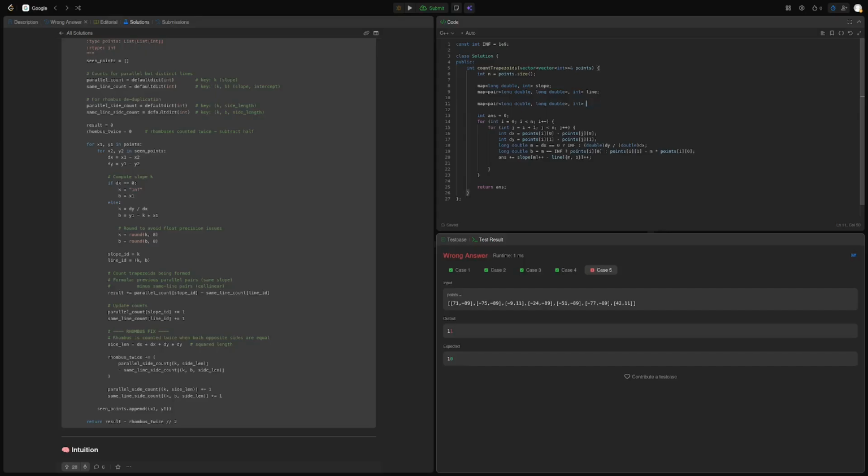So what's that side count parallel, so rhombus.